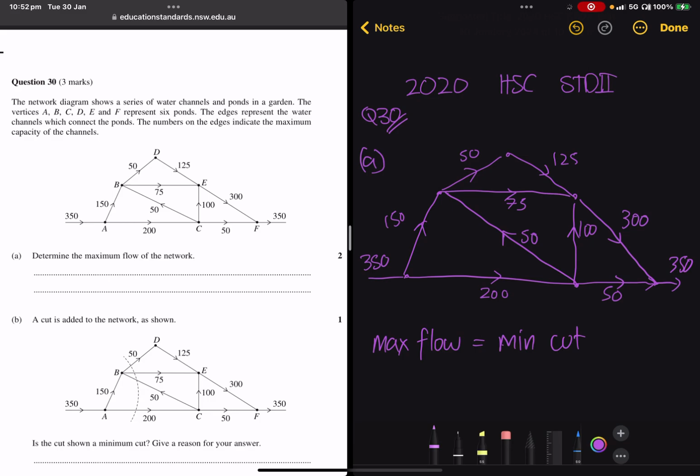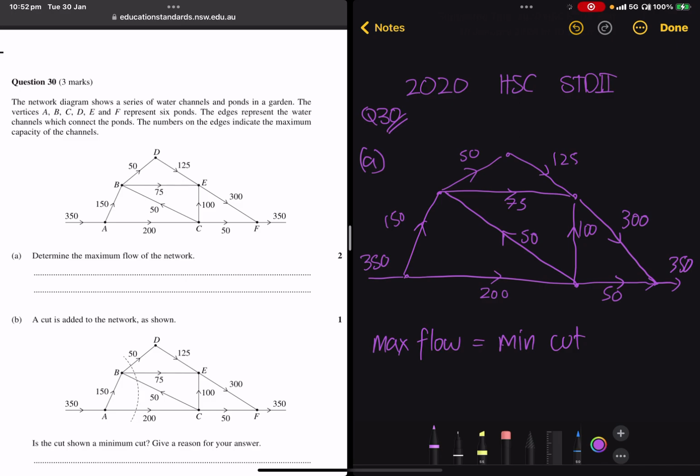Now, the most basic way to do this, because this is a relatively simple diagram, is just to draw a whole heap of different cuts that pass through the diagram, calculate their values, pick the lowest one. If you do enough of them, you'll get the minimum cut. The value of that minimum cut will be the maximum flow.